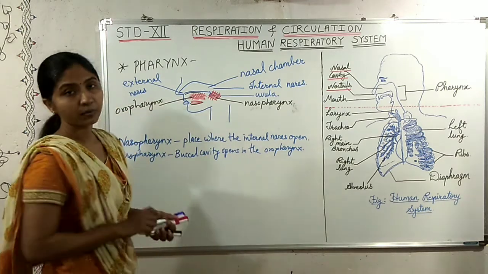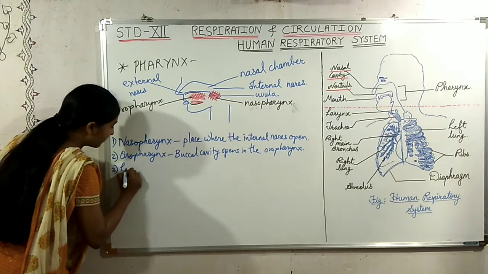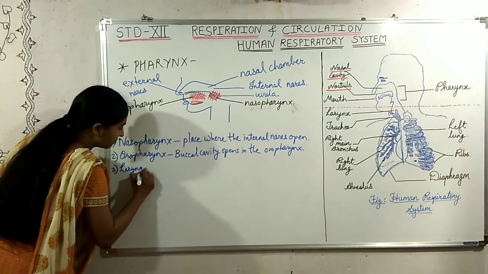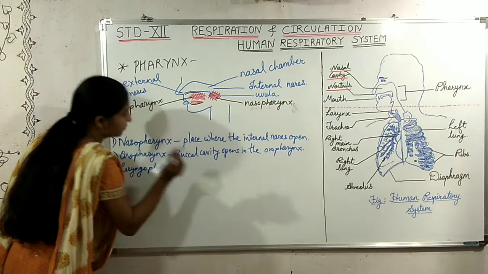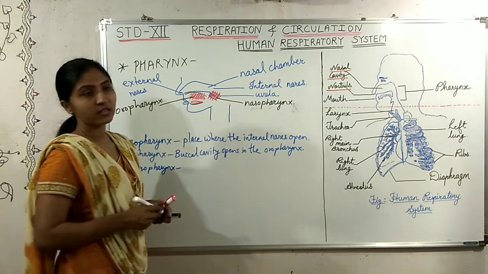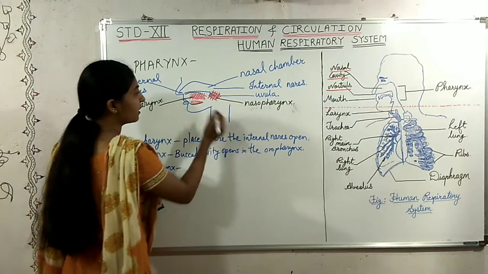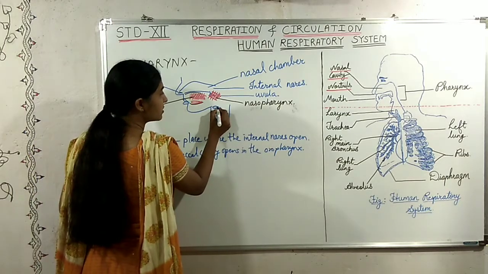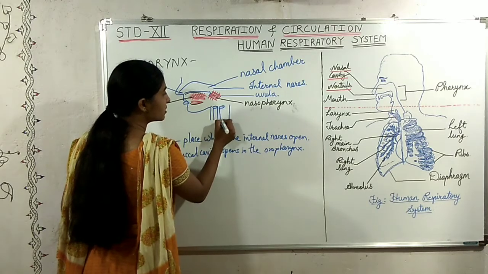Now, the third part of the pharynx, that is the laryngopharynx. Laryngopharynx is situated near the opening of the trachea. Now, here is the tracheal tube, and here is the esophagus.